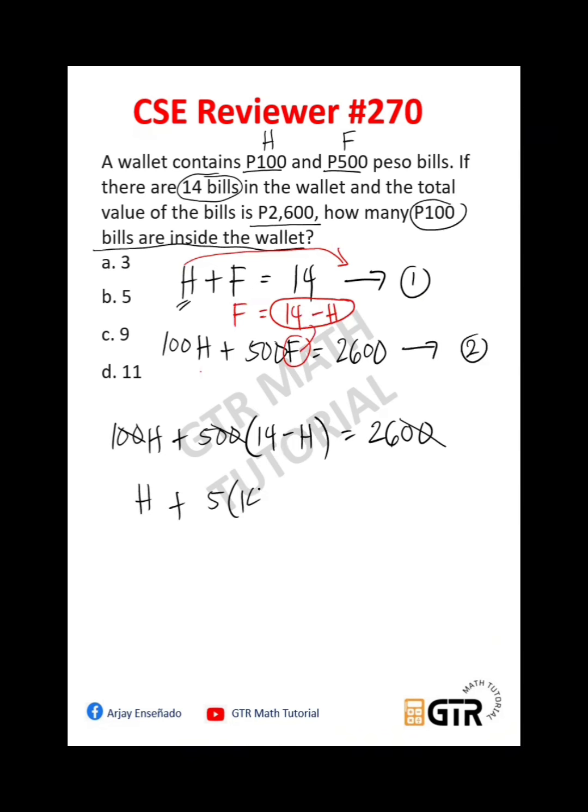So 5 times 14 minus H equals, cancel the two zeros, 26. Now solve for H, distribute this. So we have H plus 5 times 14, that is equal to 70, minus 5 times H, negative 5H, is equal to 26.